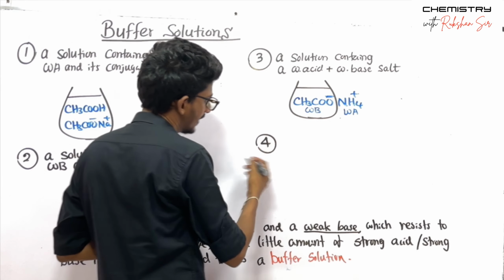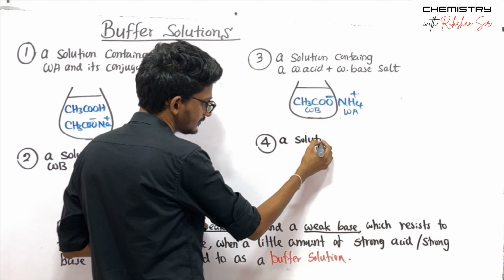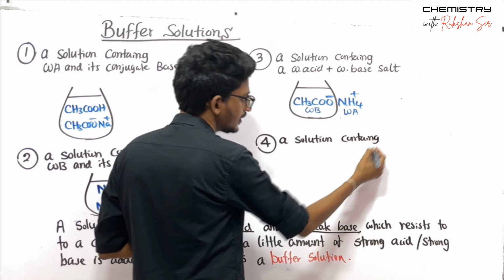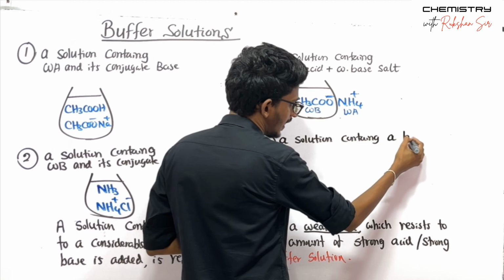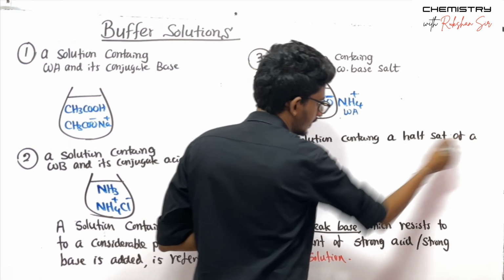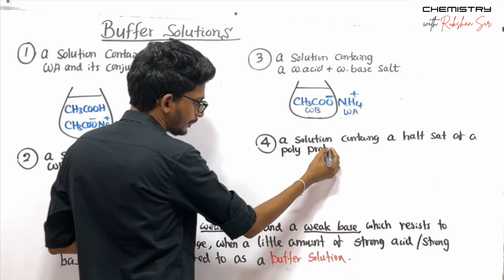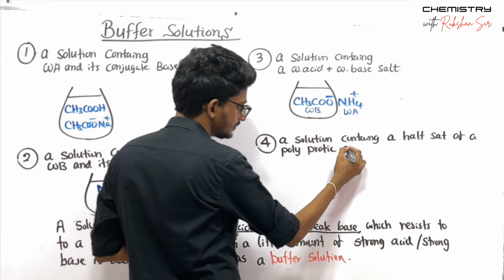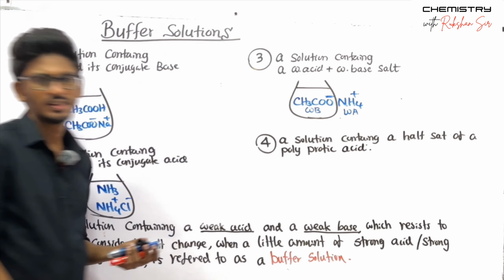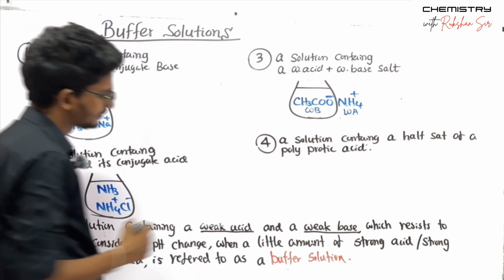So that is the fourth kind, a solution containing a half salt of a polyprotic acid. What are these things? Half salts of polyprotic acids.